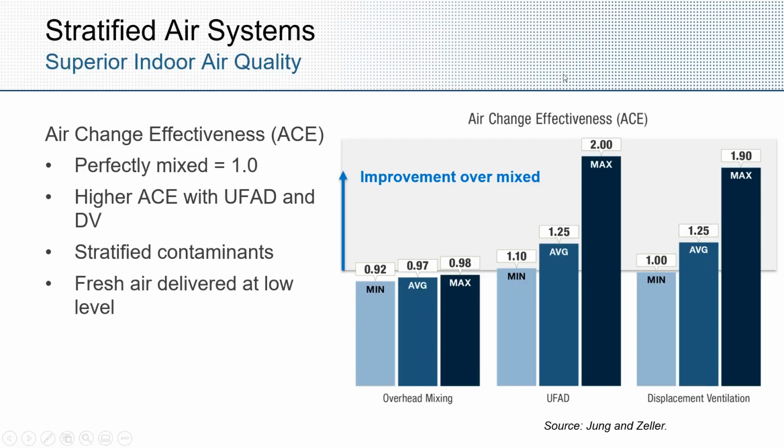All right, with respect to indoor air quality, there are a lot of studies that compare it to a uniformly mixed system. Air change effectiveness is one of the metrics that was looked at in this Young and Zeller study. Essentially it compares the time it takes for the supply air to get to the breathing zone with the time it takes the supply air to get from the supply point to the return location.